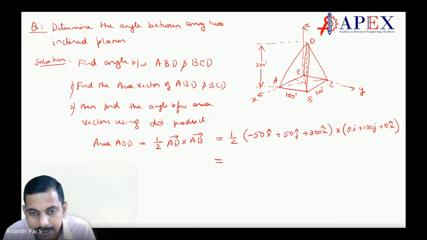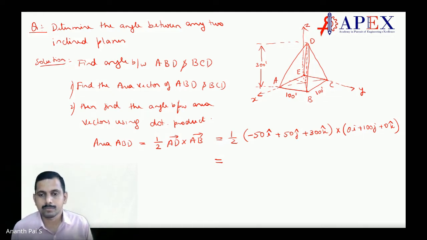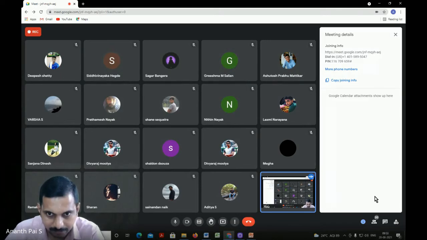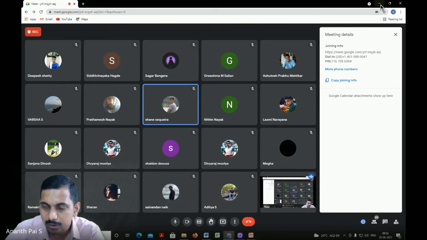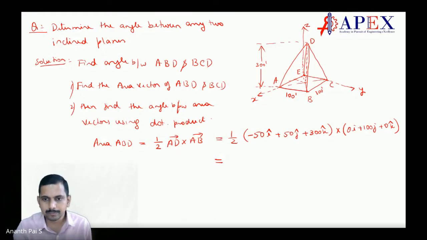Anybody who did not understand how I found AD and AB? Please raise your hands. I will see here. Yes, Shane? Can I explain once again, sir? Yes, I'll explain. See, when I go from A to D, AD is in between, so I have to go in the X direction.